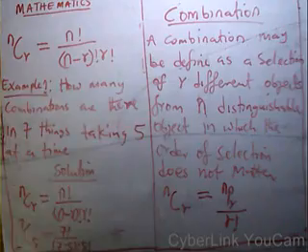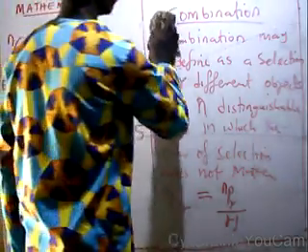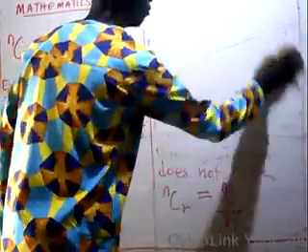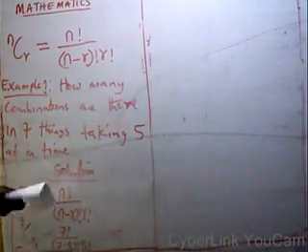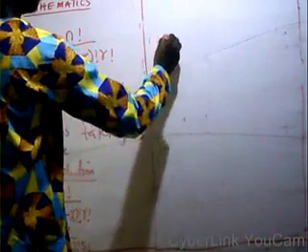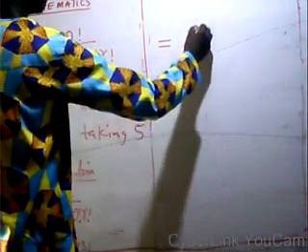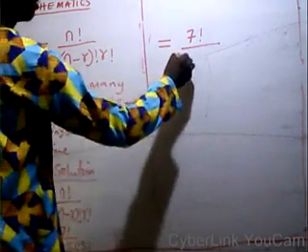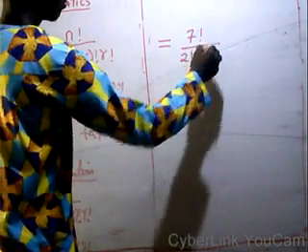And that means you are going to have 7 factorial all over 7 minus 5, which is 2 factorial, 5 factorial.